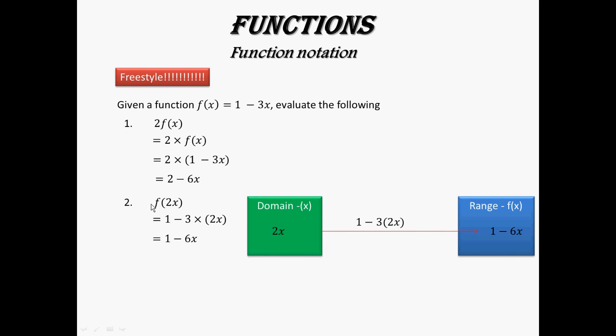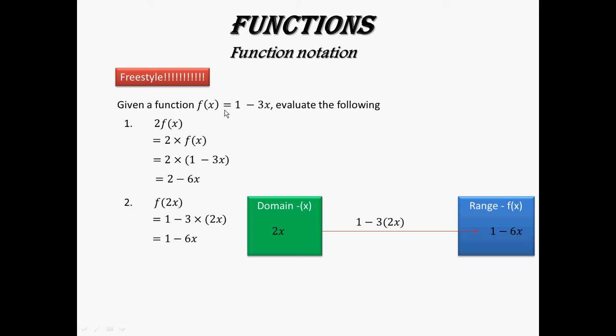Let's look at the second question, f of 2x. This one is a little bit tricky, but it's quite straightforward once you get the basics. We take 2x to be our input value and we substitute 2x wherever we had x in our f of x.